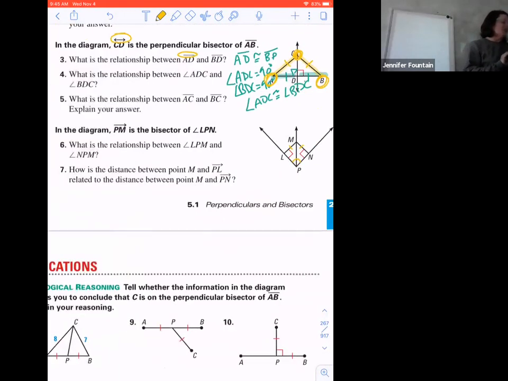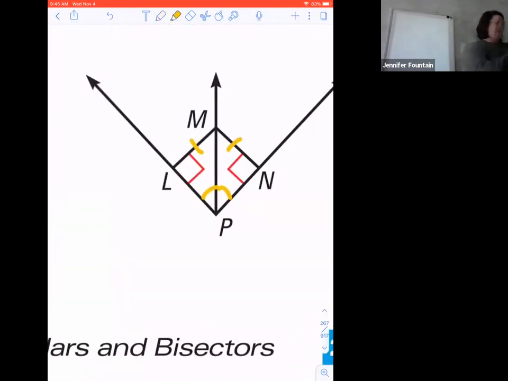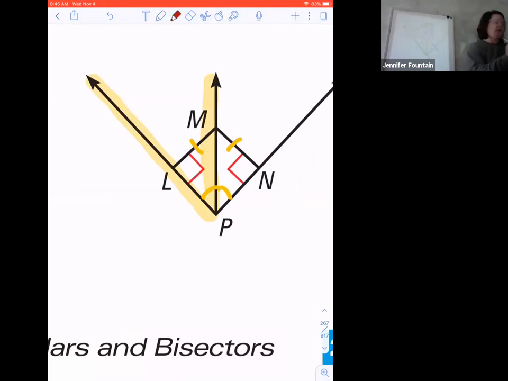What is the relationship between angle LPM and angle NPM? Okay, so I'm talking about these angles here. Remember, we've got to pay attention to what they're telling us. They're saying, what is the relationship between two angles?